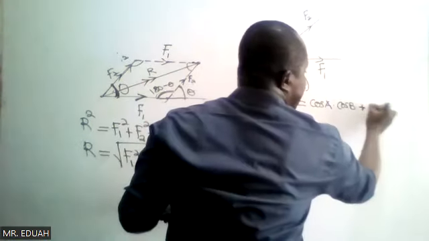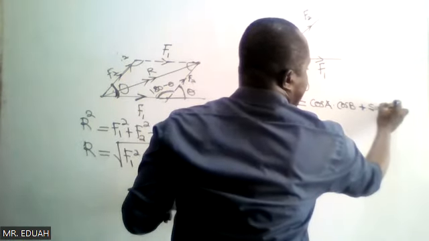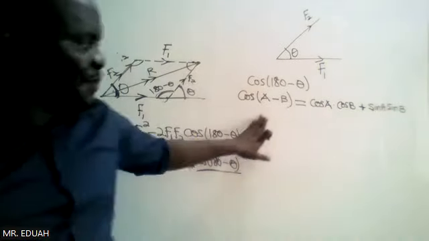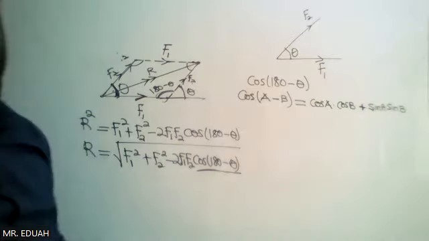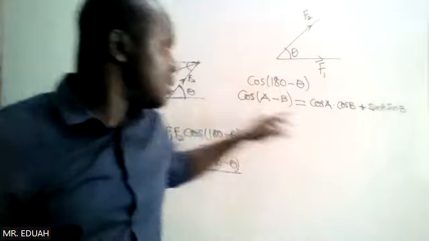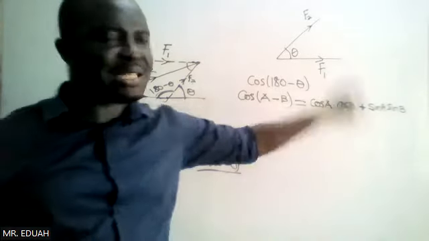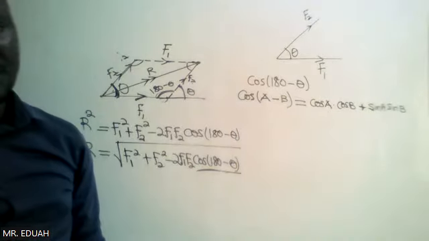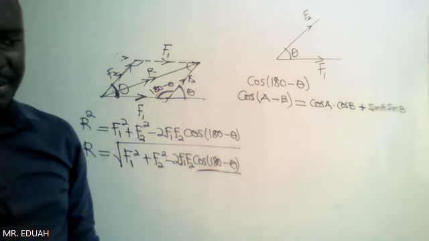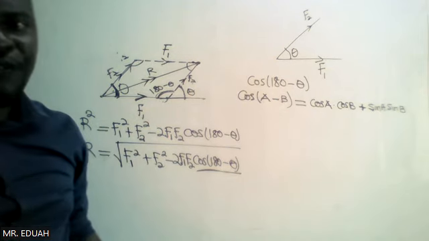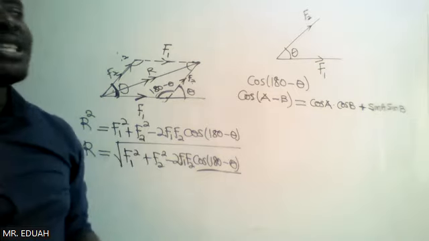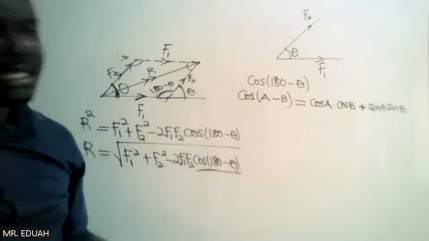Then sine A times sine B. So cos, this is minus, so plus sine times sine. Please, are we okay? Yes, please. It's a formula. As you move ahead in physics, we'll be giving you a lot of these identities.